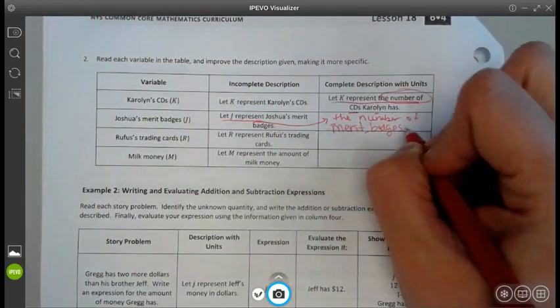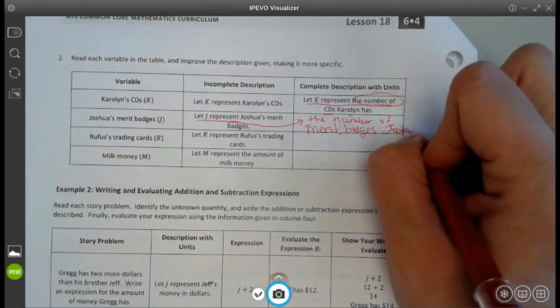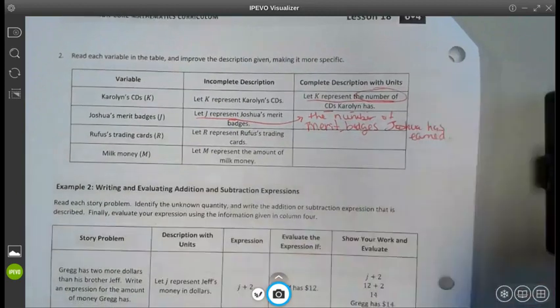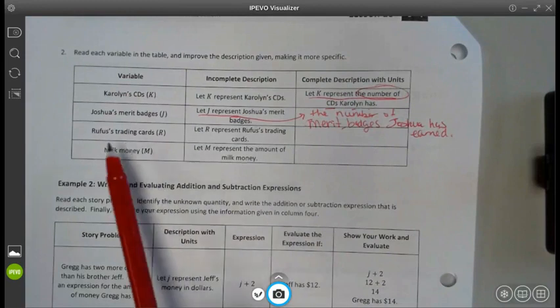Because that's what you do with merit badges. You earn them. So the number of merit badges Joshua has earned. They don't give me much room to write there, so I have to squeeze it in.